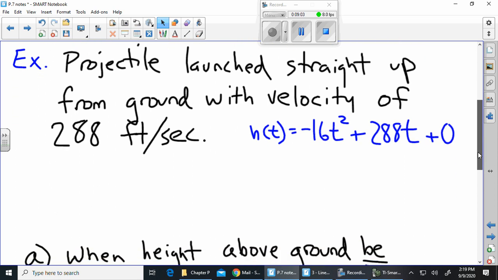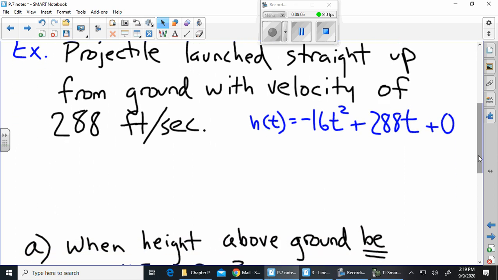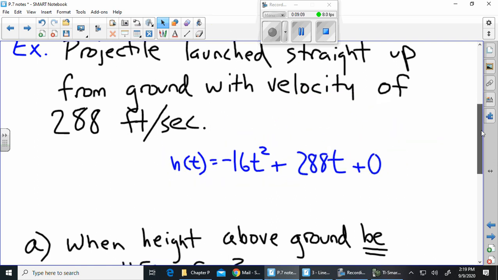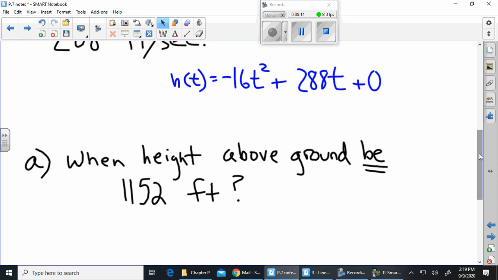Now, I'm going to ask you these questions using that model. Well, when is the height above 1,152 feet? Well, really, that's saying, when is this -16t squared plus 288t equal to 1152 above the ground?